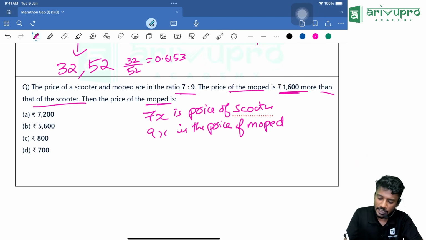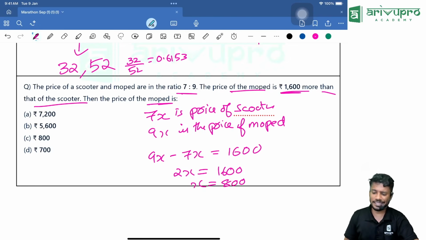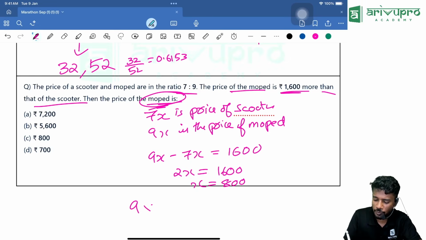So 9x minus 7x is equal to 1,600. Then 2x is equal to 1,600. X is 800. They are asking for the price of the moped, so instead of x you will put 800. How much is the answer?